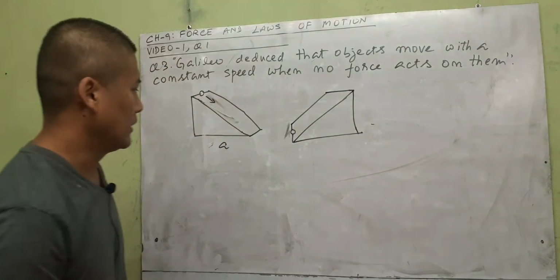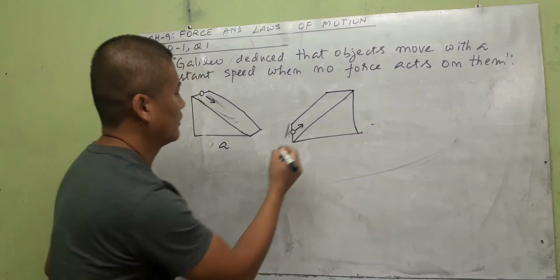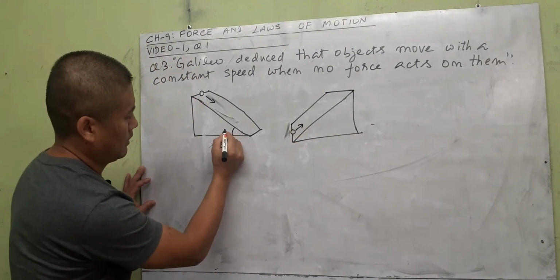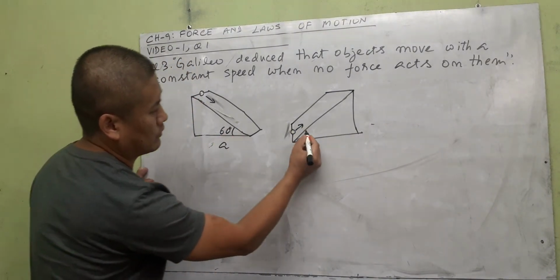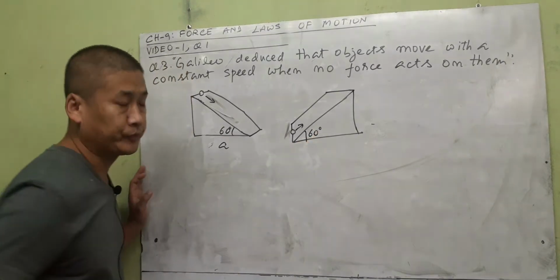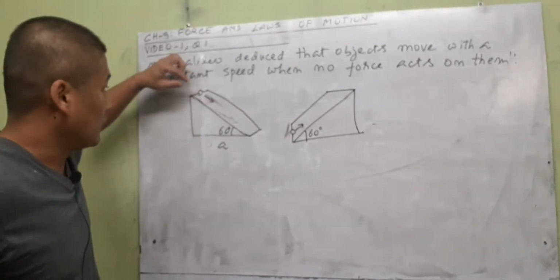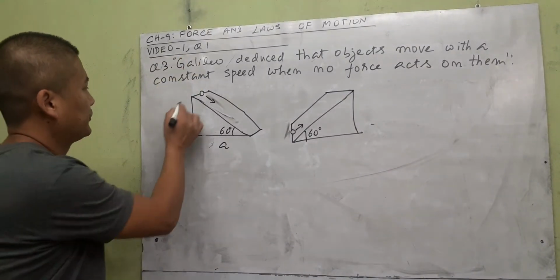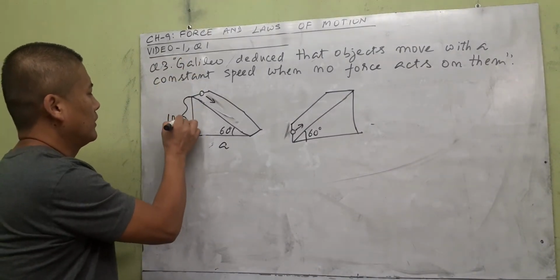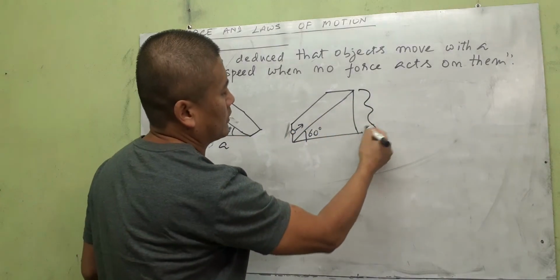So what he found out was the ball which is rolled down at, let us say here, 60 degree, and this inclination is also equal, means 60 degree. So at an angle with the ground horizontal. So the ball was rolled down from this height, let us say 10 meter. This was also 10 meter.